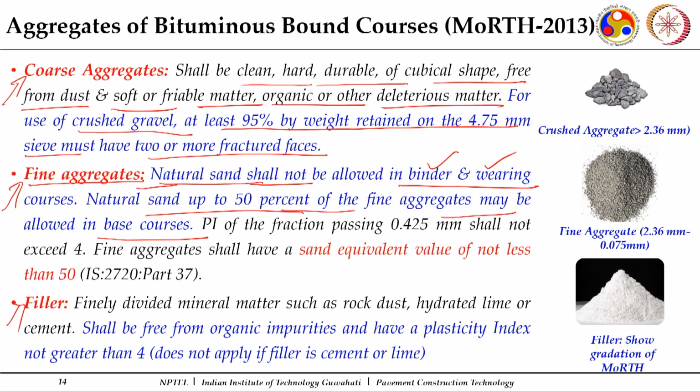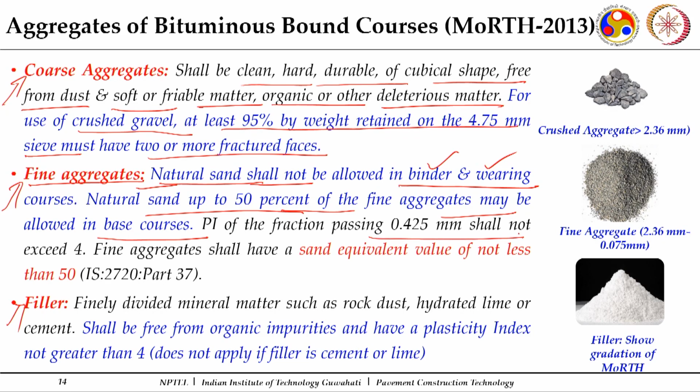It is completely rounded, so there is a lot of chance that the particles do not get interlocked in a good manner, and when traffic or stresses come over that particular bituminous course, it gets deformed. So that's why the percentage of natural sand is limited. It is not allowed in case of binder and wearing courses, and if used in a course lower than the binder course, especially a bituminous bound course, then only up to 50% can be used.